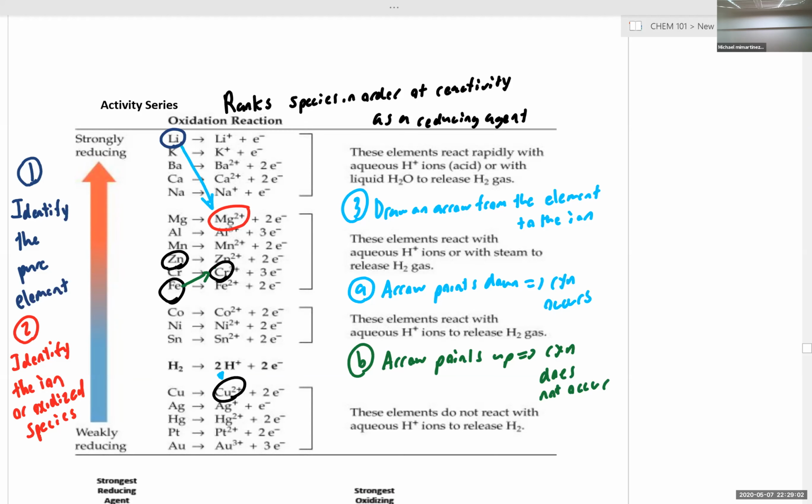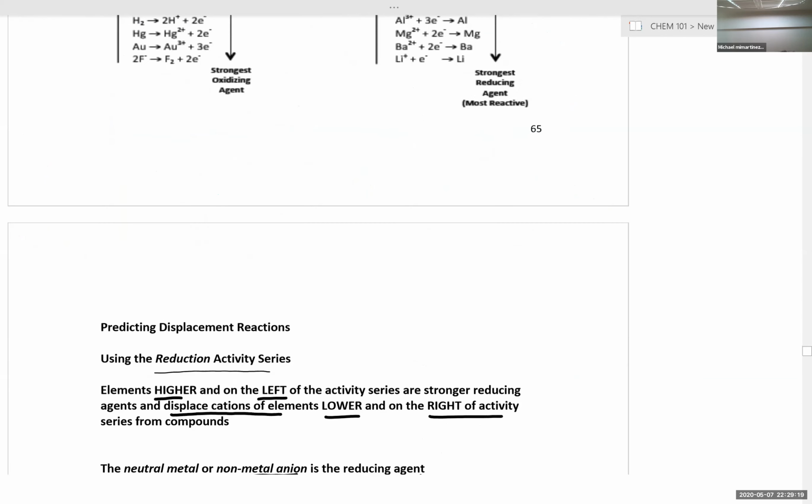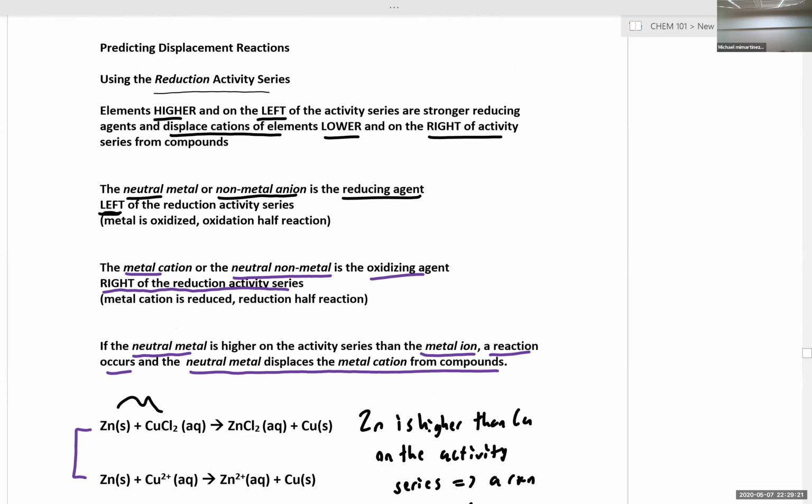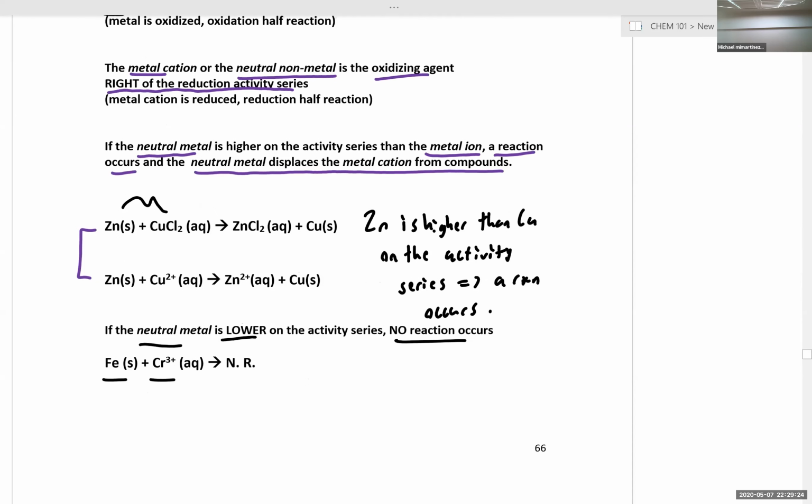Is iron higher or lower than chromium? Lower. So does a reaction occur? No. Exactly right. No reaction. Iron is lower than chromium.